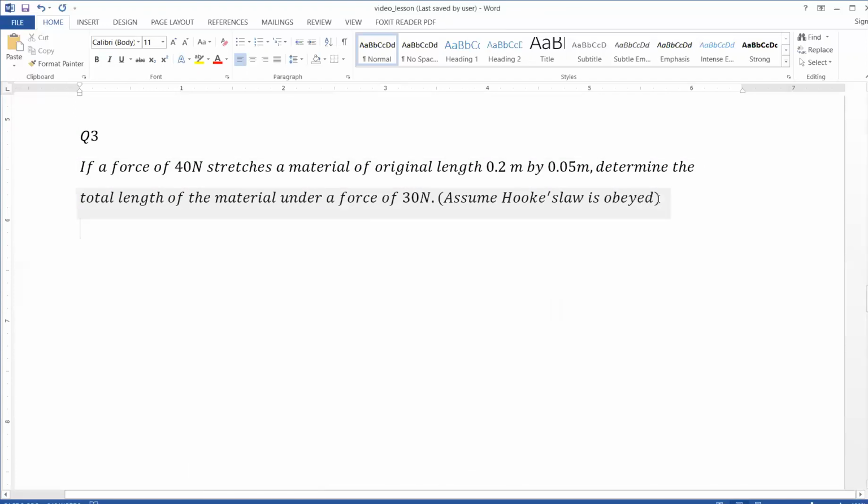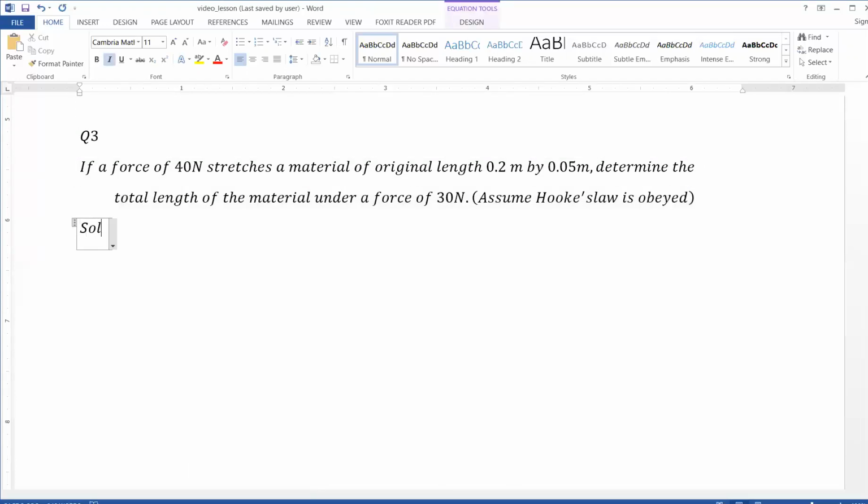So in this question, as usual, we declare our data. So solution. You have the force, it's 40 Newton. Newton should be capital letter N, so we'll replace this with big N. Now you have your original length.